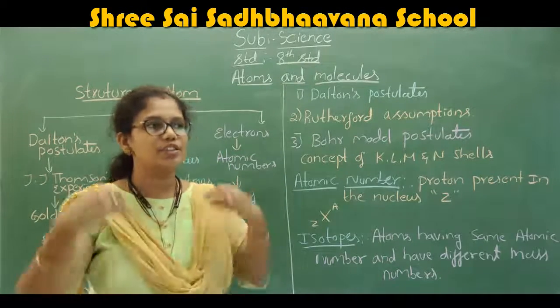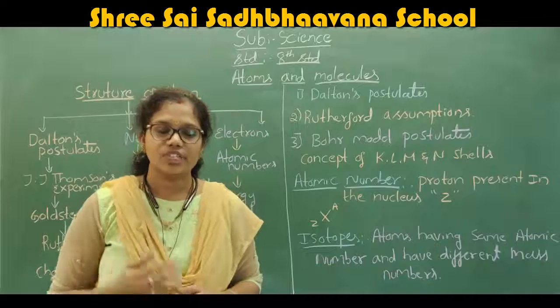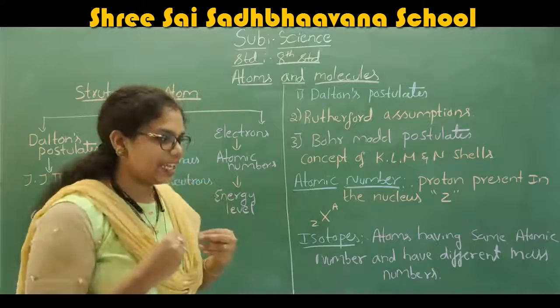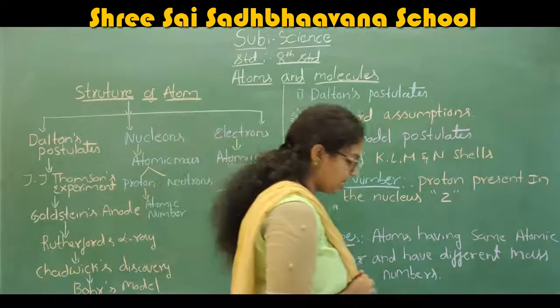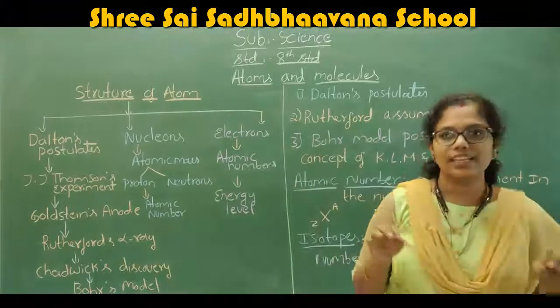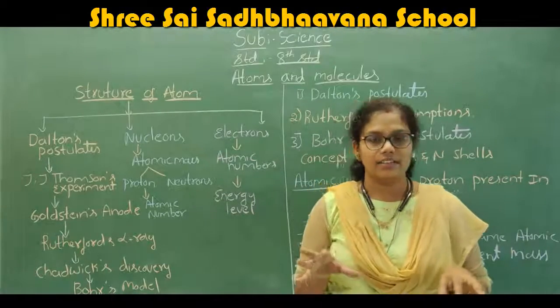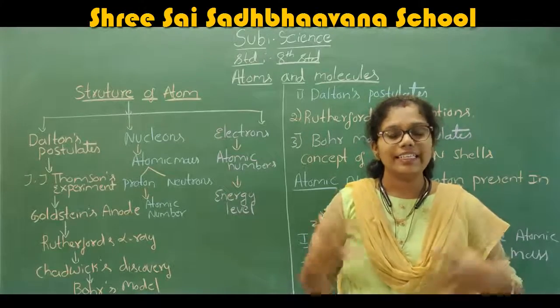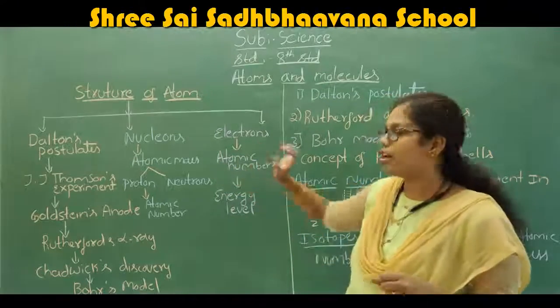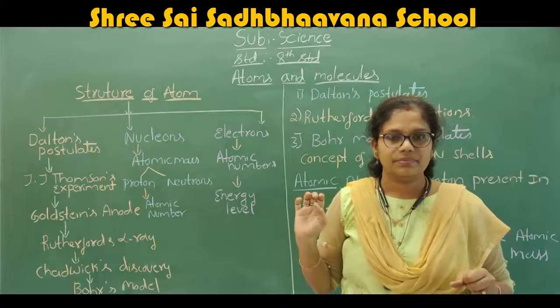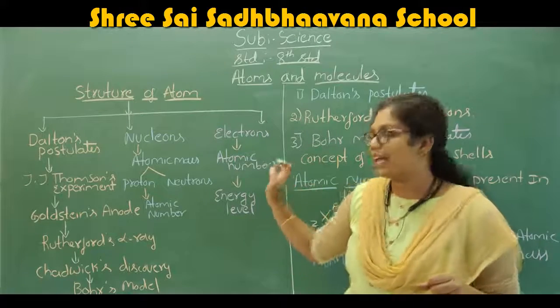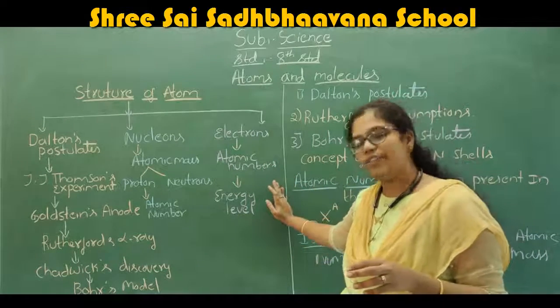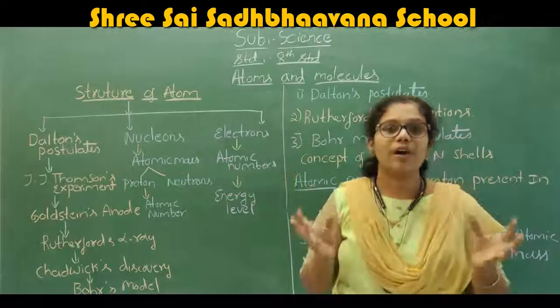First, if you see the structure of atoms, the Indian philosopher called Kanad explained the concept of the atom by the name of Paramanu.